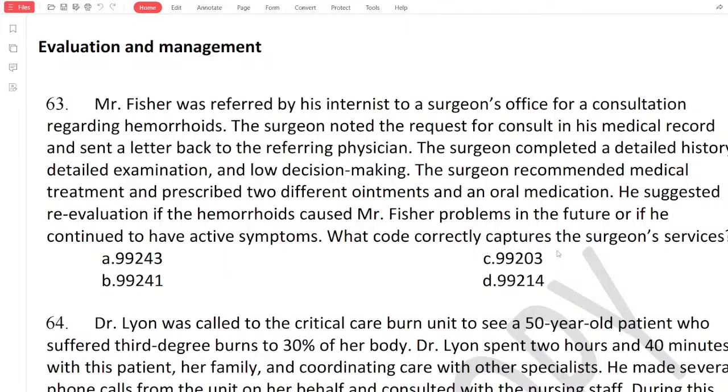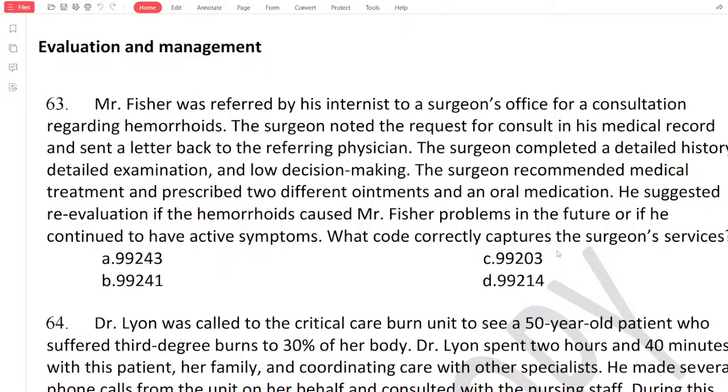Mr. Fisher was referred by his internist to a surgeon's office for a consultation regarding hemorrhoids. The surgeon noted the request for consult in his medical record and sent a letter back to the referring physician. The surgeon completed a detailed history, detailed examination, and low decision making. The surgeon recommended medical treatment and prescribed two different ointments and an oral medication.